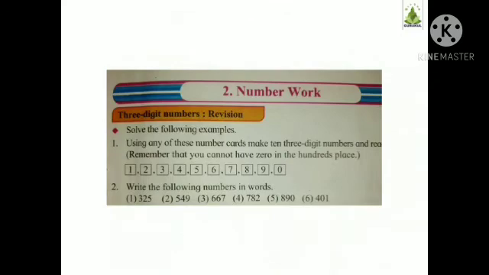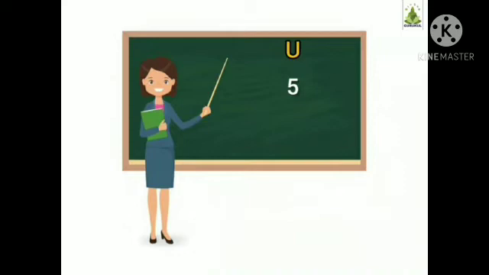Let us learn in question number 2 how to read 3-digit numbers properly. Write the following numbers in words. Here, the first number is 325. Here, 5 is at the unit place, 2 is at the tens place, and number 3 is at the hundreds place.